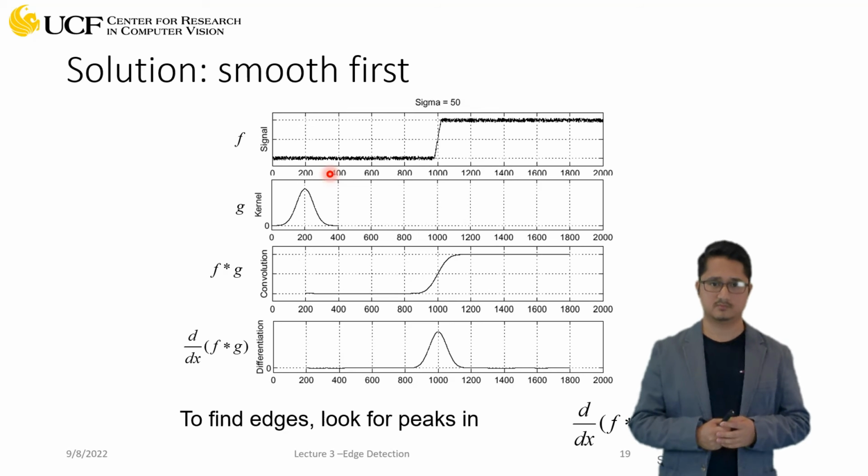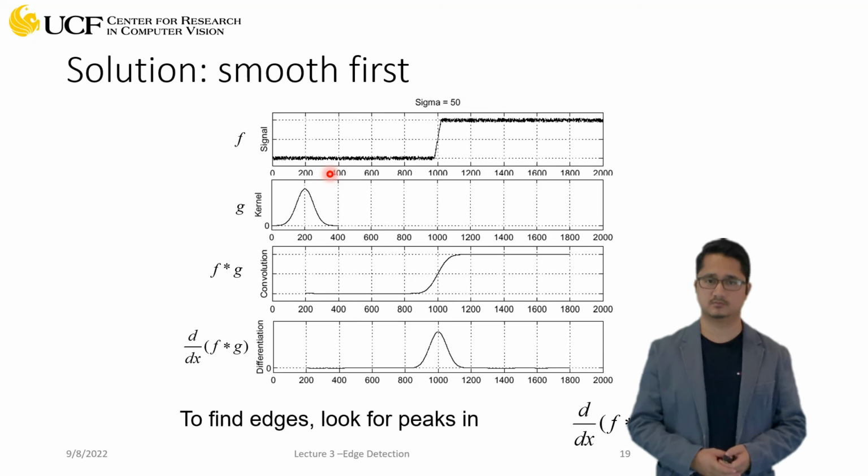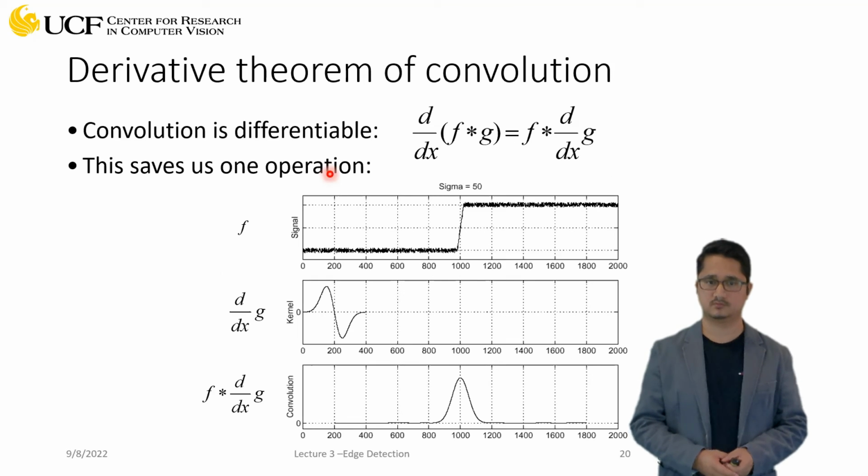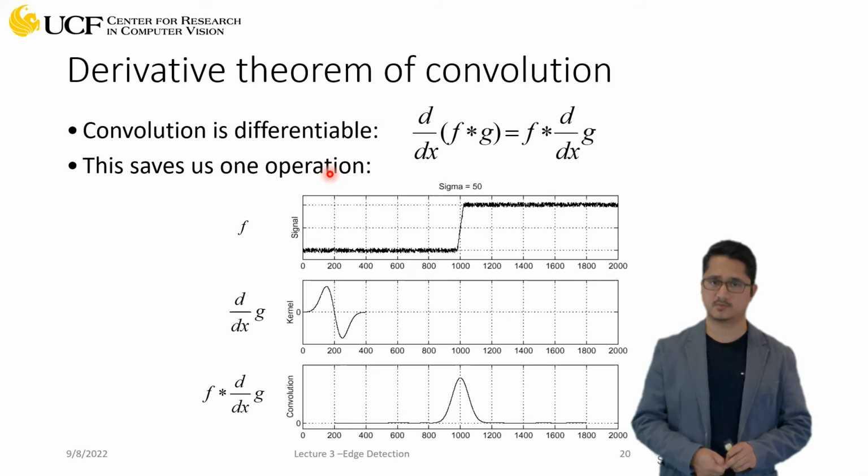I also want to ask, can you move to the next slide? The DG, yes. Why do we do the derivative of the Gaussian first? Does the order of the convolution operation matter?